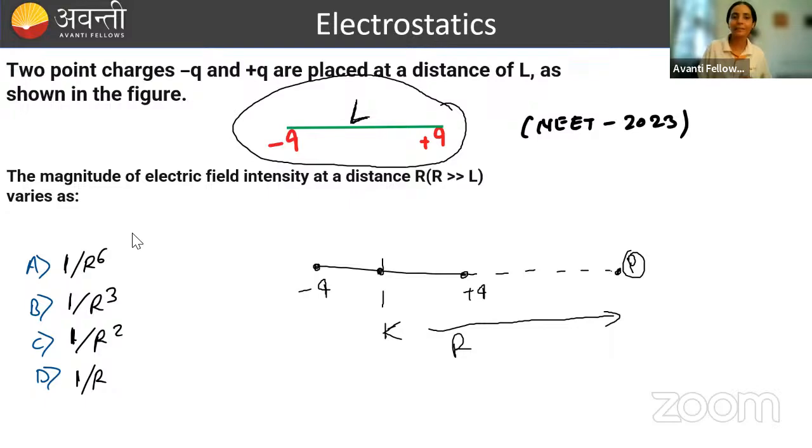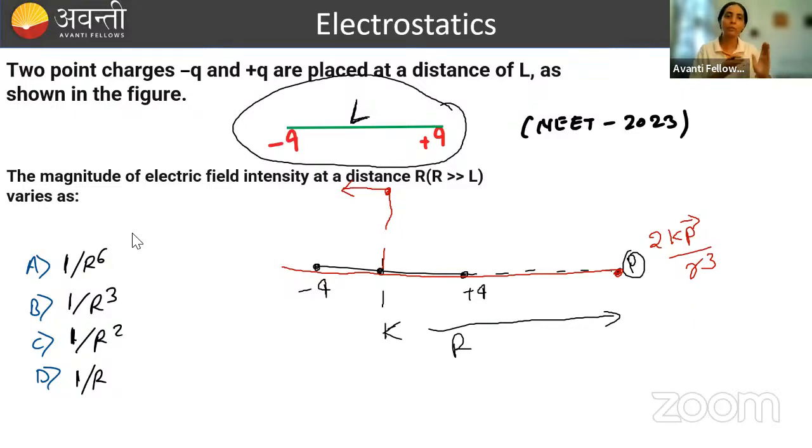If it is acting as a dipole, then what is the electric field formula? If you remember, along the axis, at the axial point P, the formula is 2Kp divided by R cube. At the equatorial point, the direction of the electric field is opposite to the direction of the dipole. The direction of the dipole is from minus q to plus q charge.